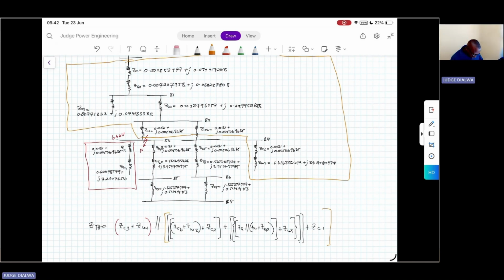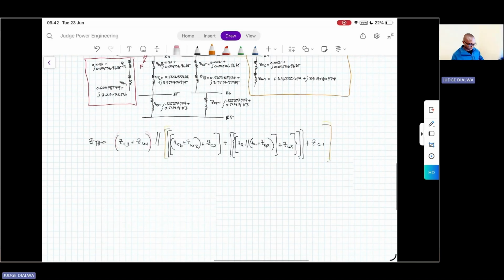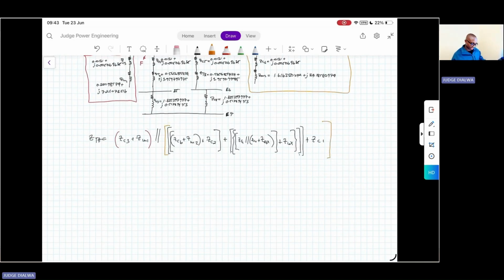Let's confirm again. Okay, so that's how it will be. This is the entire equation that will help us calculate the total impedance between the voltage source and the faulted point in our network.